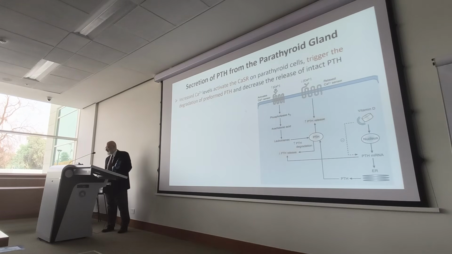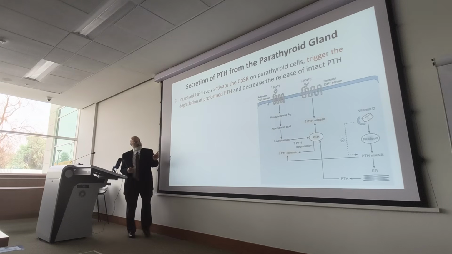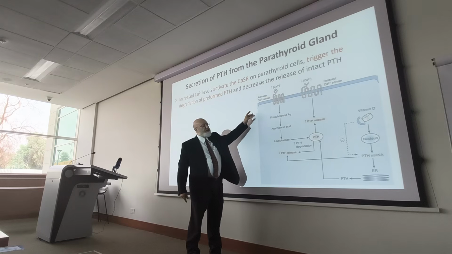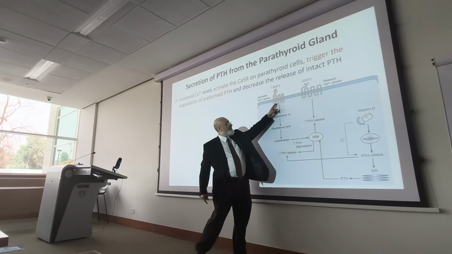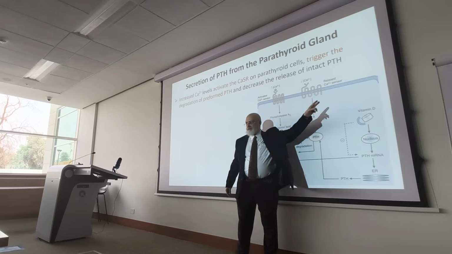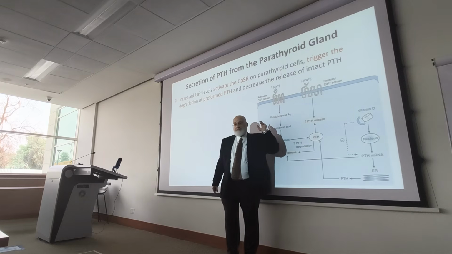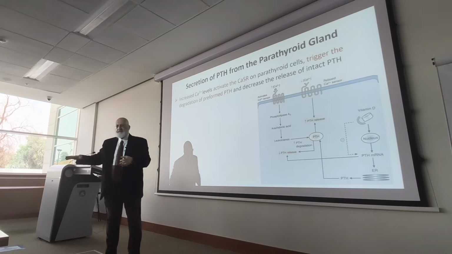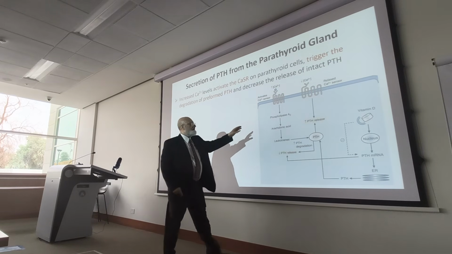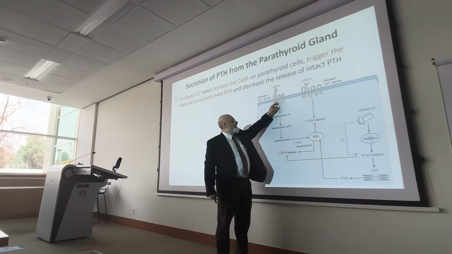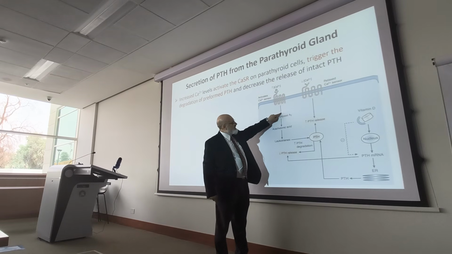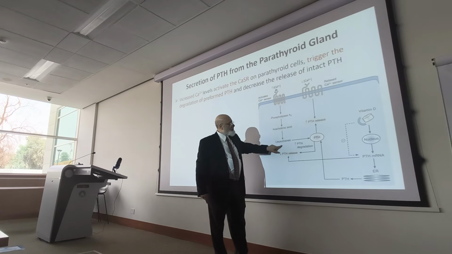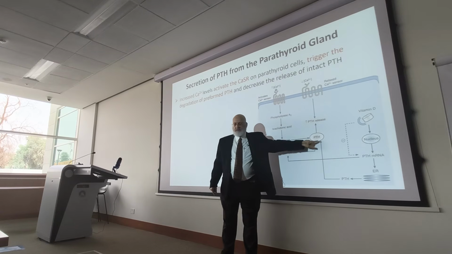So this is just another illustration showing you the mechanism of action. This again is the chief cells in the parathyroid. Ionized calcium circulating. These are the calcium sensing receptors, the G-protein coupled receptors. As long as we have enough calcium, the calcium will keep filling all these receptors. Nothing happens to the receptor itself, but it will stimulate a signaling mechanism through phospholipase A, which causes degradation of PTH.